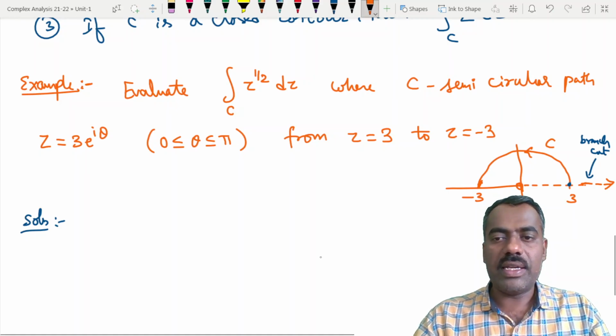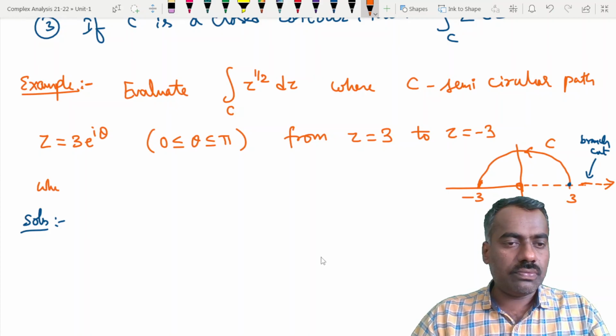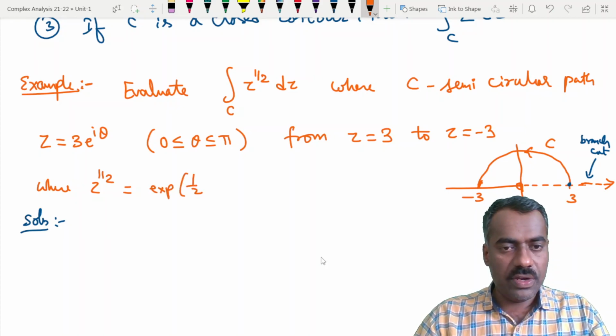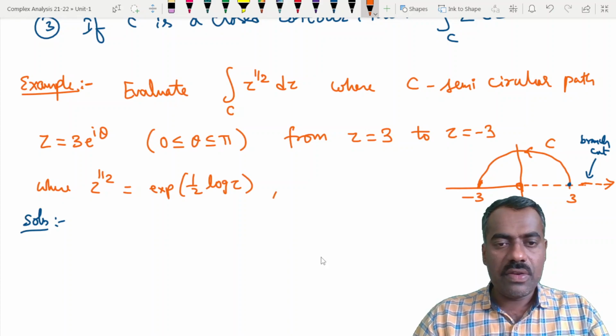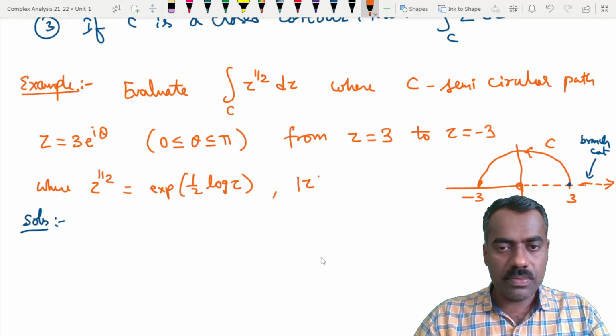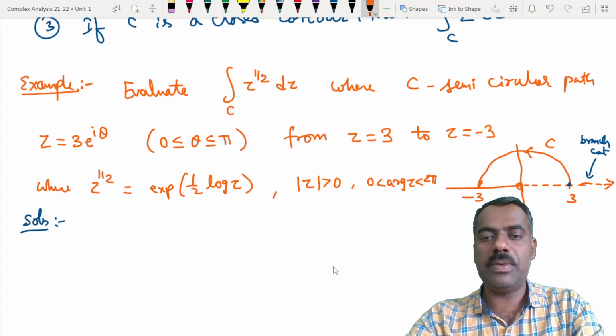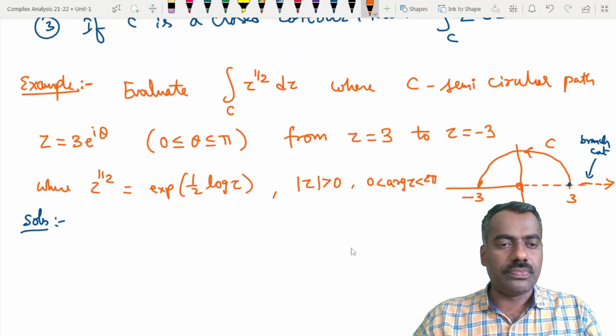Okay. So here this z power half is one of the principal branches. If you want to write that, z power half is equal to, of course we know, exponential of half into log z, where modulus of z is greater than 0 and theta, the argument of z, is between 0 and 2 pi. Okay, so you can call it this principal branch, right?